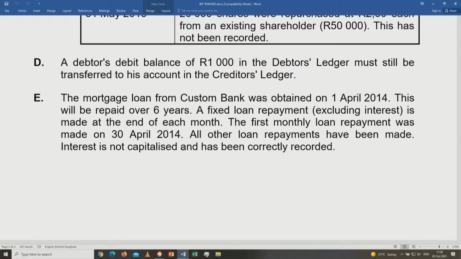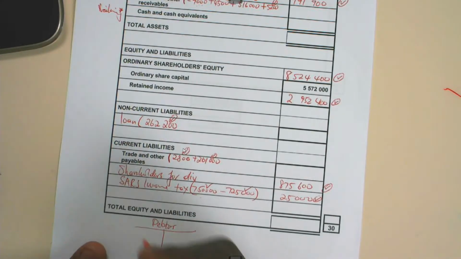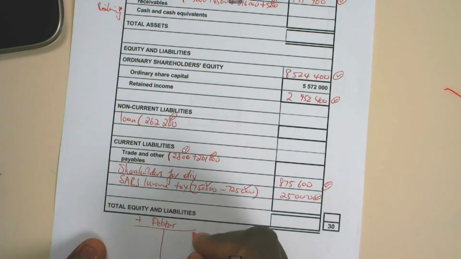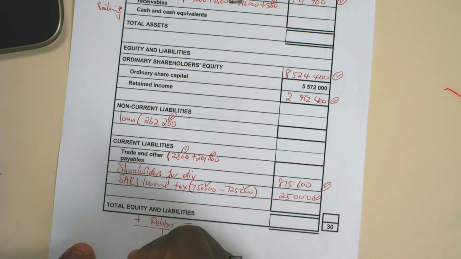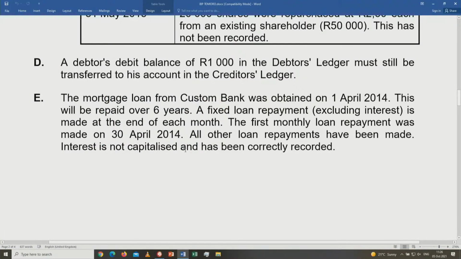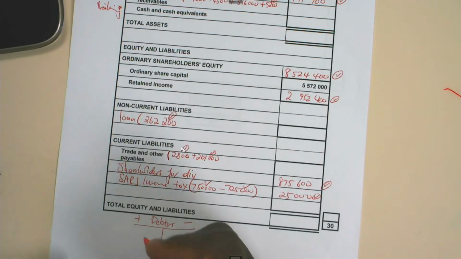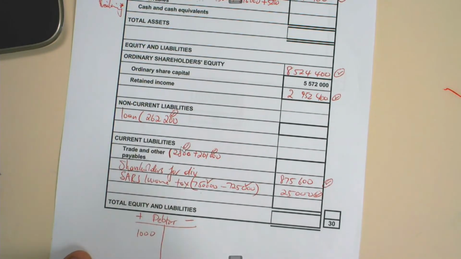We have a debtor here. Debtor, remember, is an asset account. It increases on the debit side, decreases on the credit side. This debtor had a 1,000 debit balance.